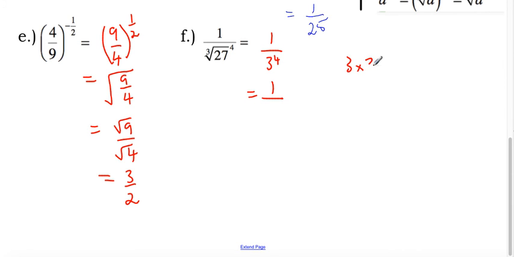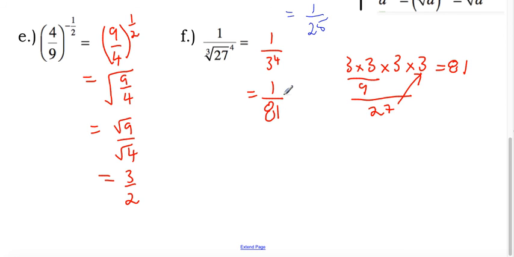So 3 to the power of 4 is 3 times 3 times 3 times 3. So this is 9. 9 times 3 is 27. So then we need to multiply the 27 by 3. If I do 20 times 3 is 60. 7 times 3 is 21. 60 plus 21 is 81. So I have 1 over 81.